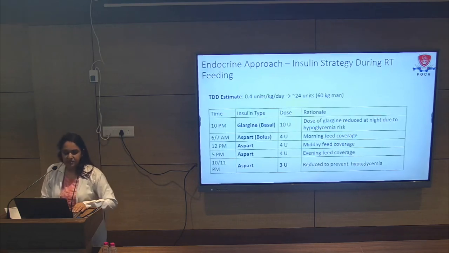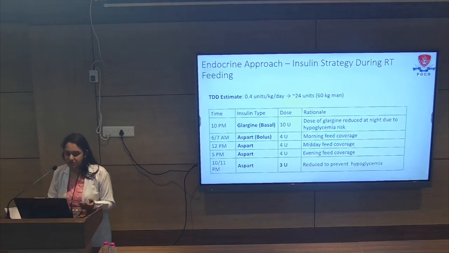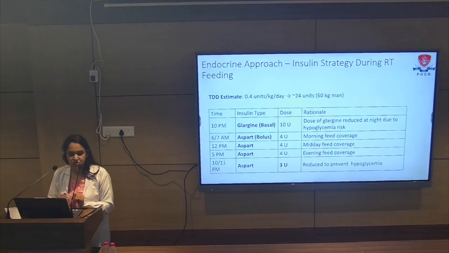Now, insulin strategy: here we calculate the total daily dose estimate of around 24 units in this case. As the patient had a few early morning hypoglycemic episodes, we divided it in half. The glargine was supposed to be 12 units, but we have reduced it to 10 units to reduce the hypoglycemia.